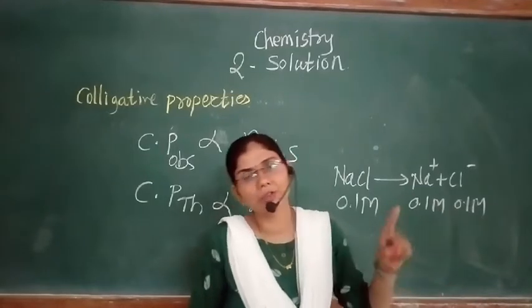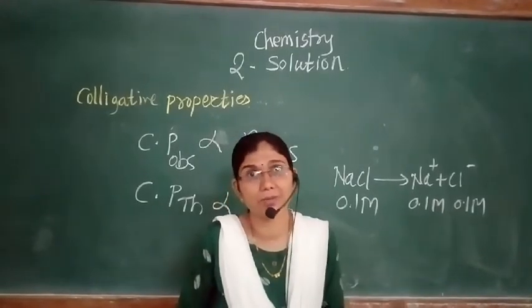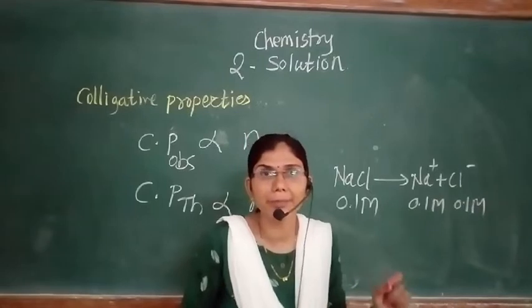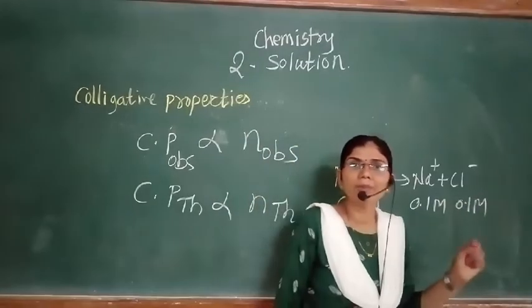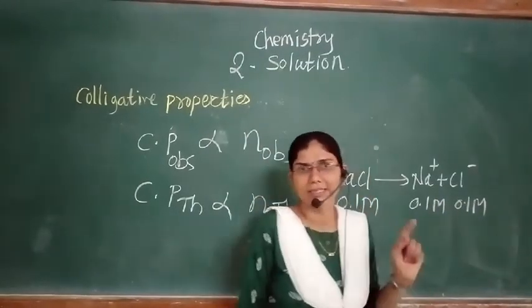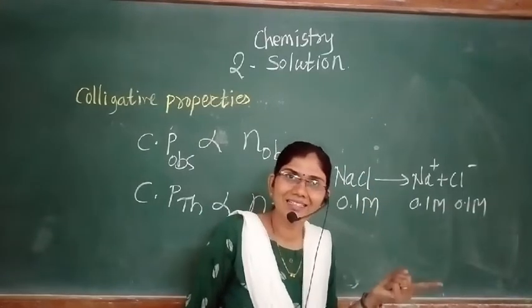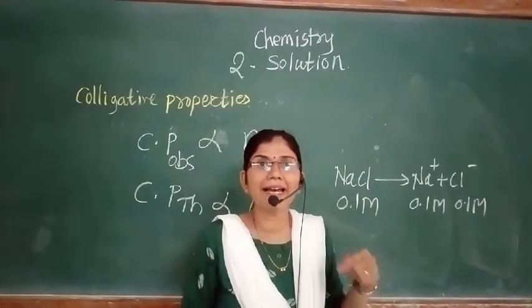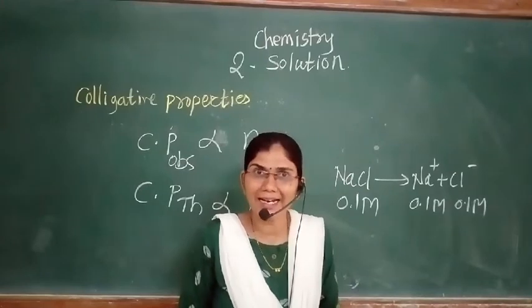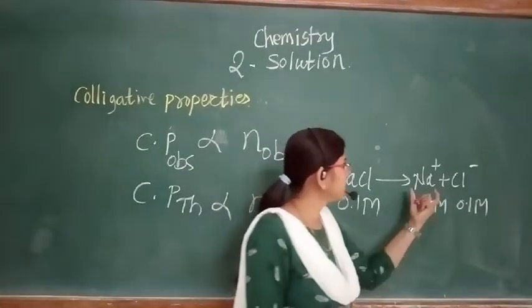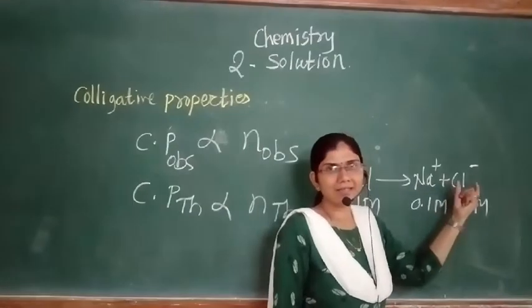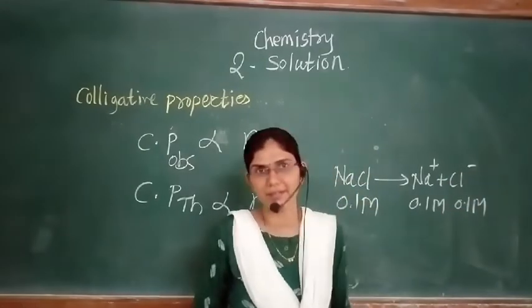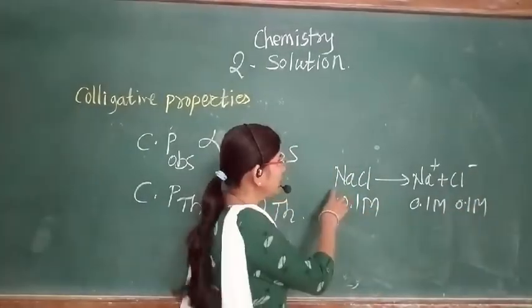Therefore the colligative property also changes, because the colligative property depends on the number of solute particles. When NaCl is dissolved in water, it forms aqueous NaCl, and in the water it dissociates into Na plus and Cl minus, therefore into two particles. This is an electrolyte.